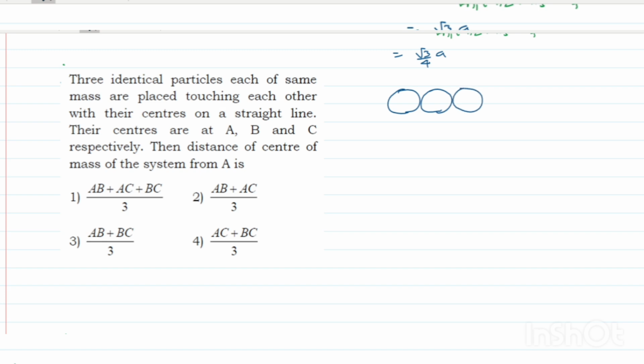Let us give the names A, B, C, and here the distance of the center of mass of the system from A. So this is the center of mass, students. Here they are lying in the xy plane. Here xcm, when I am talking about the distance of the center of mass of the system from A, from A, 3 particles you can take, students.